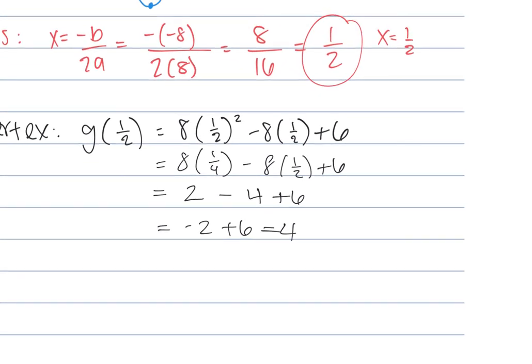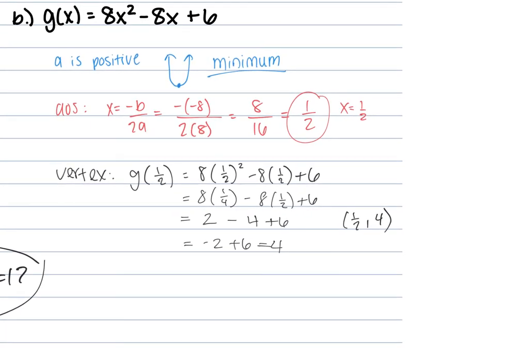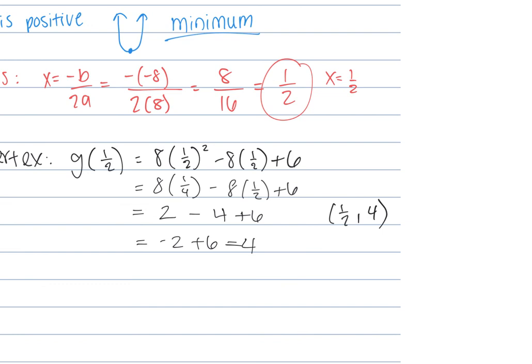So my vertex is at 1/2, comma, 4, but what's my minimum value here, guys? Cody? 4. Very good, okay? So your minimum is 4. Questions? Okay.